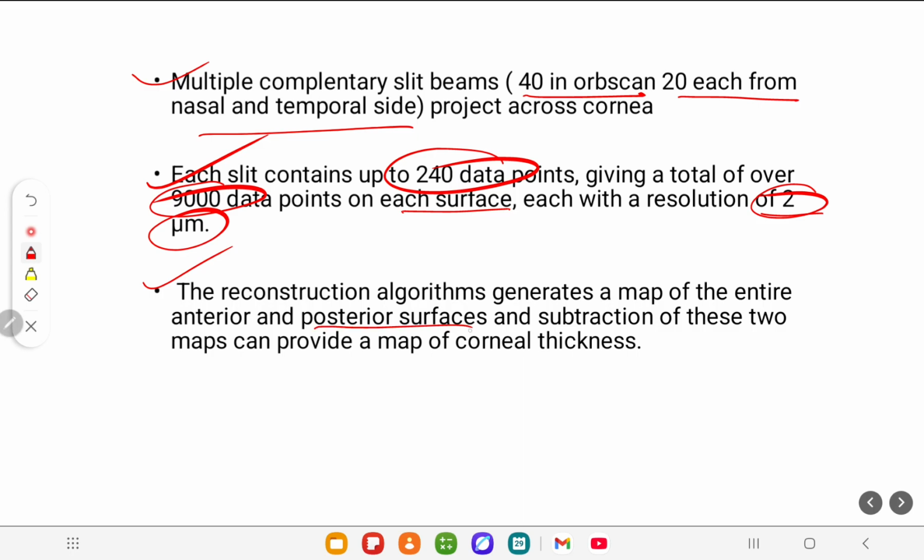Anterior and posterior surface, and subtraction of these two maps can provide corneal thickness. So basically corneal thickness in topography by elevation map is subtraction of the two maps, the anterior surface and the posterior surface. That's why OCT is a little bit better, but yes, it's grossly reliable.